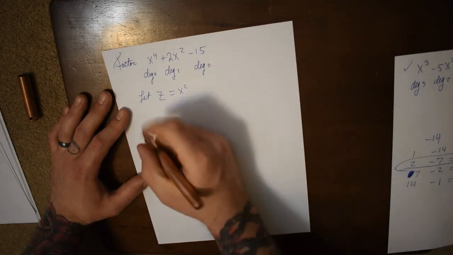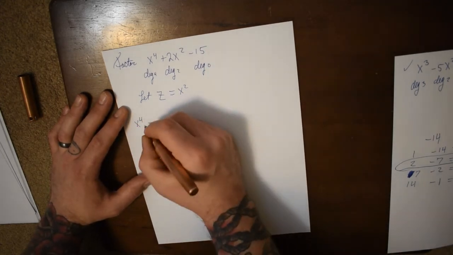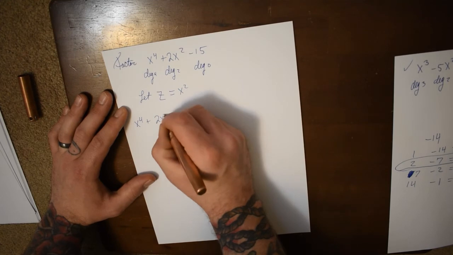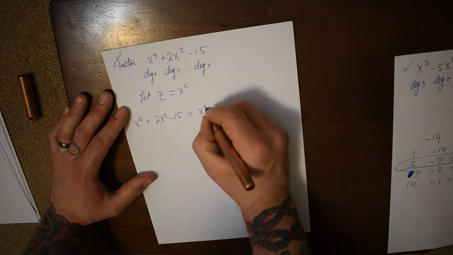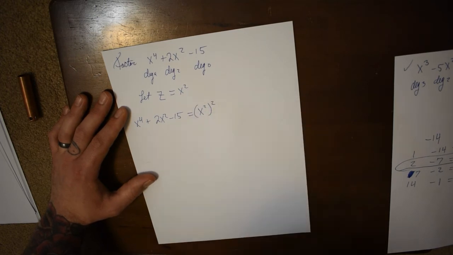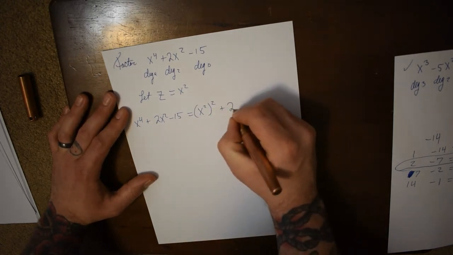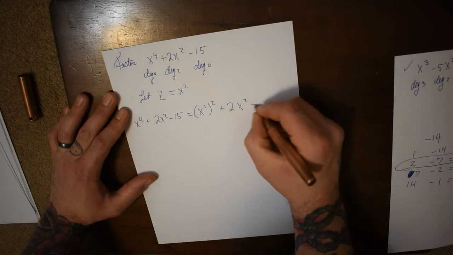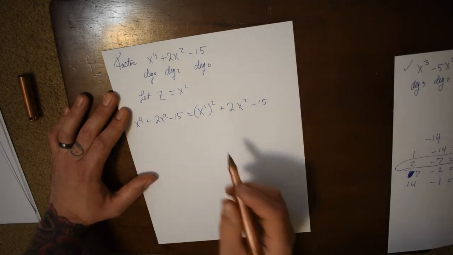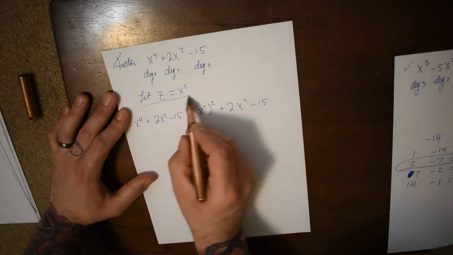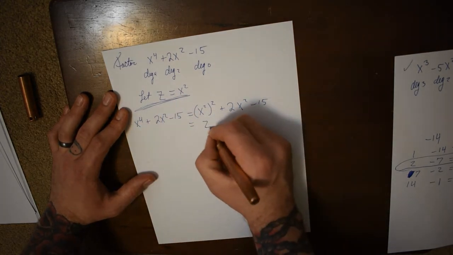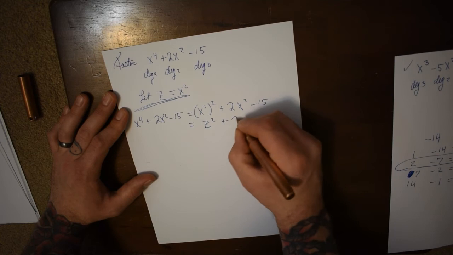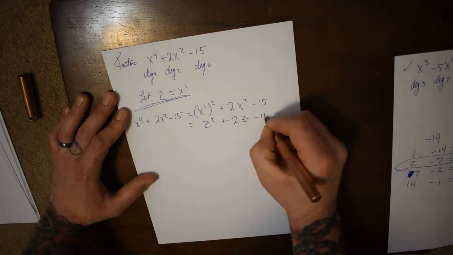And if you take a look, x to the 4th plus 2x squared minus 15 is the same as x squared squared plus 2x squared minus 15. So if we do this substitution, we can rewrite this as z squared plus 2z minus 15.